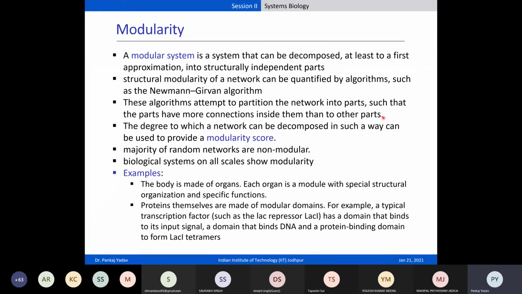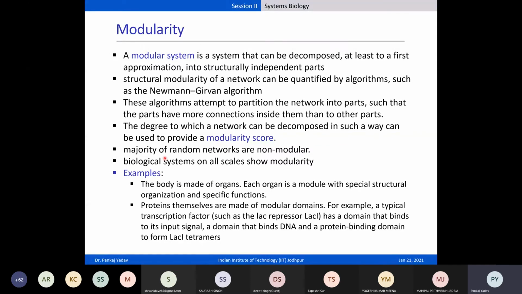So there are more intra-community connections than inter-community connections. And this degree to which a network can be decomposed in such a way can be used to provide a modularity score. There are mathematical formulas that can be used to provide a modularity score to the networks.